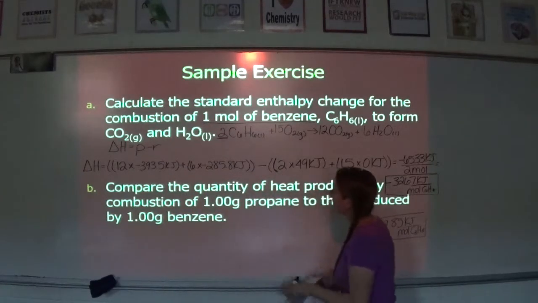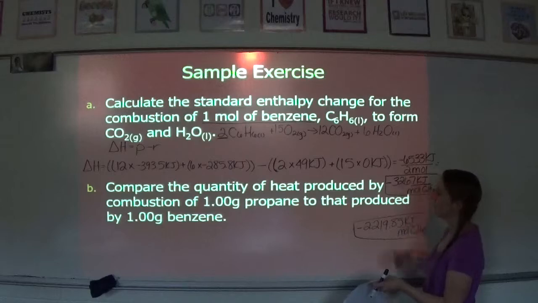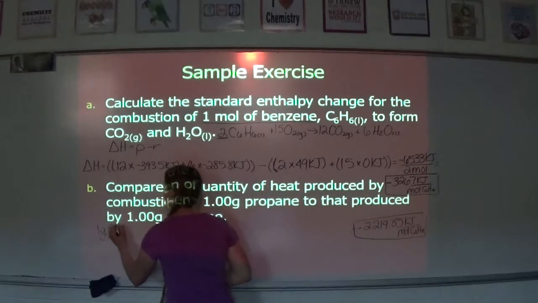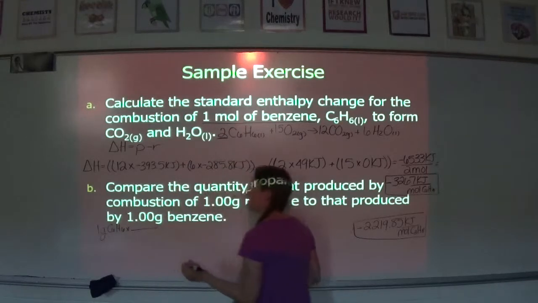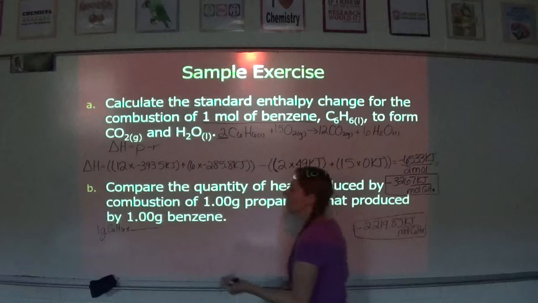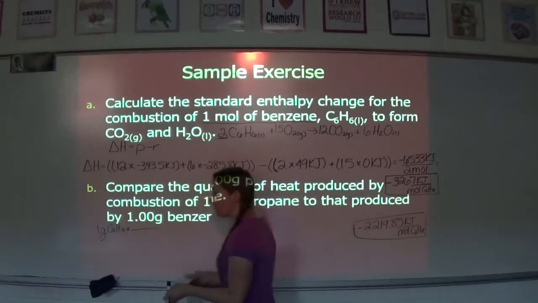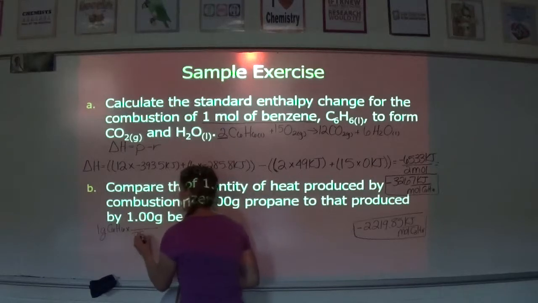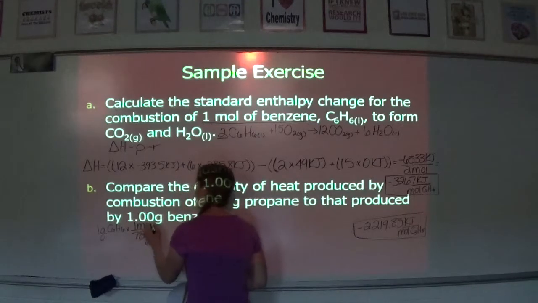Alright, so we're starting with, let's just do benzene first because I have that one up here first. So we have 1 gram of C6H6. So the first thing I'm going to need to do is get that to moles, because see, this is per mole of benzene. So I'm going to add up the molar mass. When you add up C6H6 off the periodic table, you get 78 grams in 1 mole.